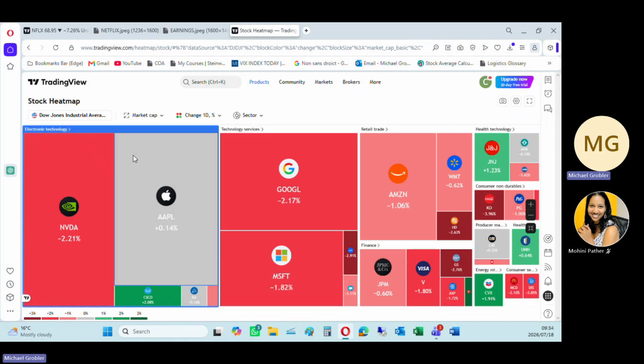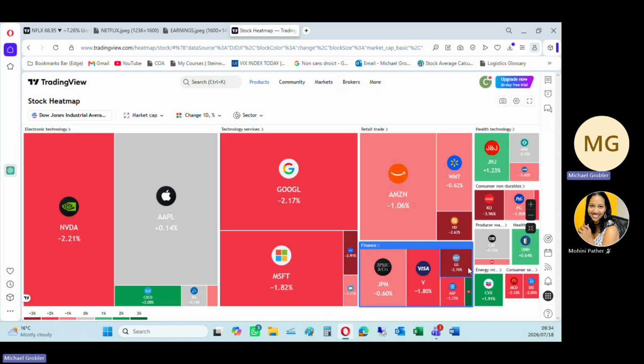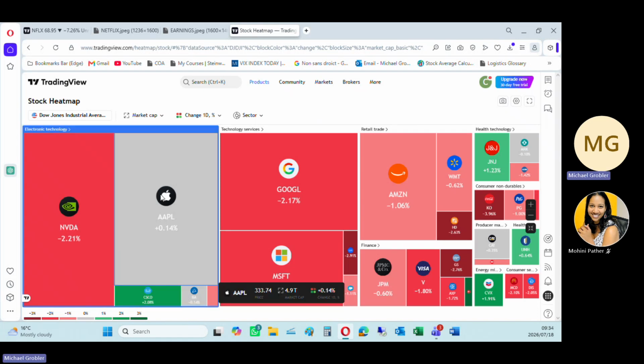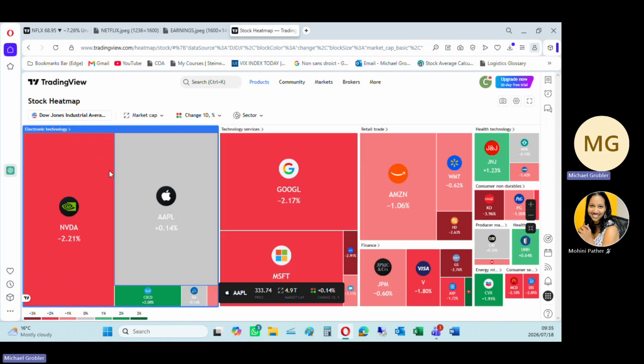So you can see here a couple of things that you can learn by looking at a Dow heat map. You can see that computer companies and IT-related companies like NVIDIA and Apple and Google and Amazon and Microsoft are clearly the largest types of companies in America.